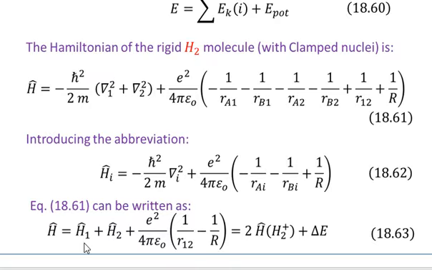So the H_1 operator can be considered as the Hamiltonian operator of a single atomic hydrogen atom. Similarly, the H_2 Hamiltonian operator can also be considered as the operator of an individual atomic hydrogen atom.